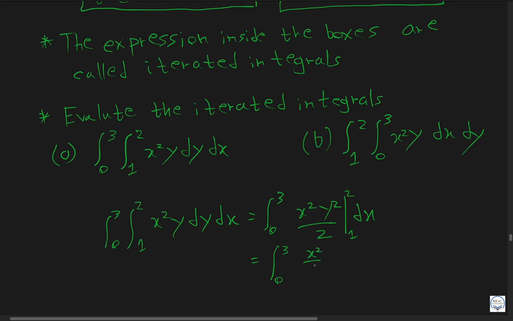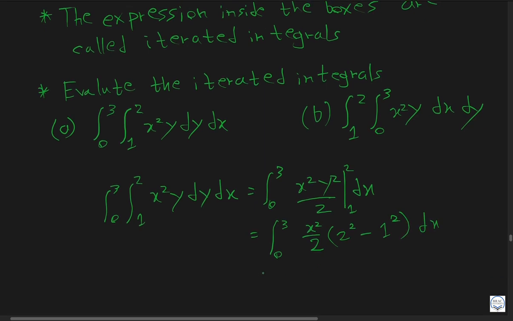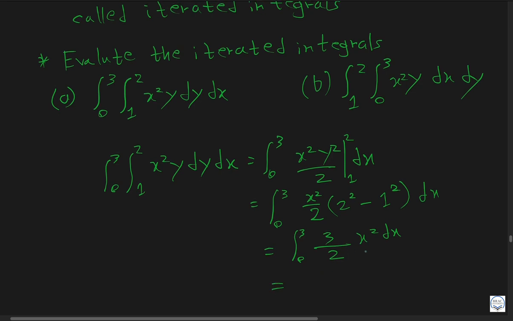These are the y limits. This must be equal to x squared times 2 squared minus 1 squared over 2, dx. 2 squared is 4, and 4 minus 1 is just 3. So we've got 3 by 2 x squared dx.